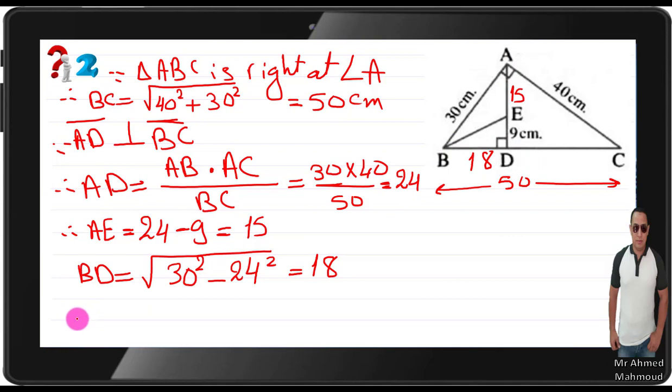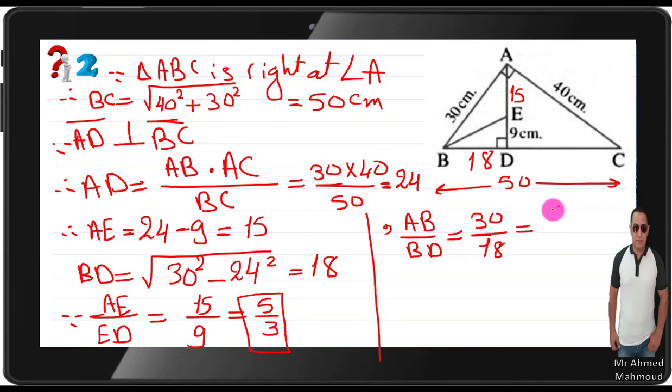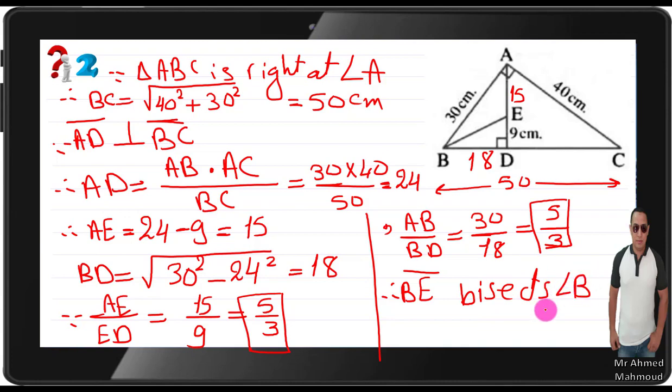Since AE over ED equals 15 over 9, which equals 5 over 3, and AB over BD equals 30 over 18, which also equals 5 over 3, therefore BE bisects angle B, internally of course.